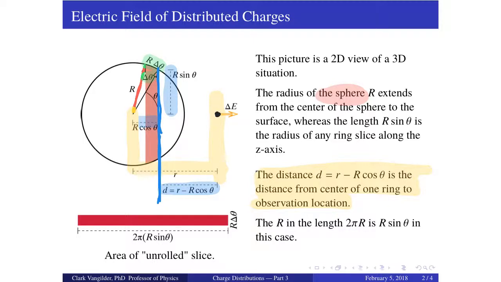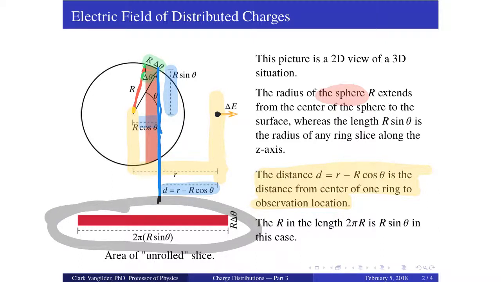Now, the nice thing here is that I can take that red strip in the sphere and lay it out in Rectangularville, and it has those dimensions. Pretty easy to see.